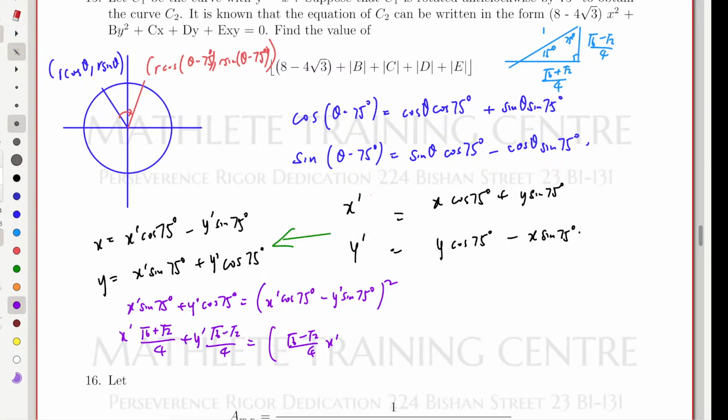Then the other one is sine 75 degrees, sorry, I cannot think right now, square root 6 plus square root 2 over 4 times y prime. Okay, so this is what we get. Again, I'm going to shift it onto a new page because there's not enough space for me to finish writing this.